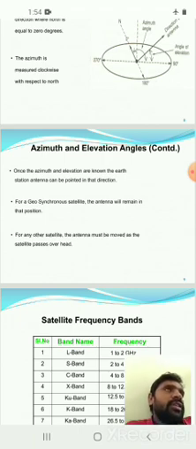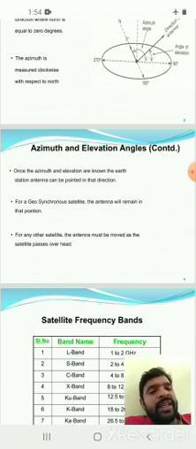In a geosynchronous or geostationary satellite, the antenna will remain in the same position because the satellite's rotation is equal to the rotation of the Earth, which is 24 hours per day.